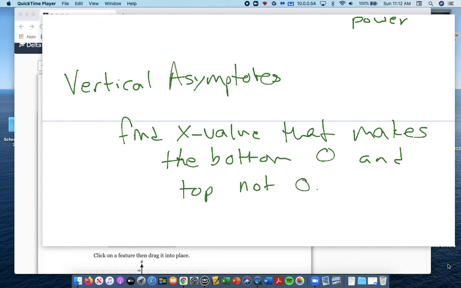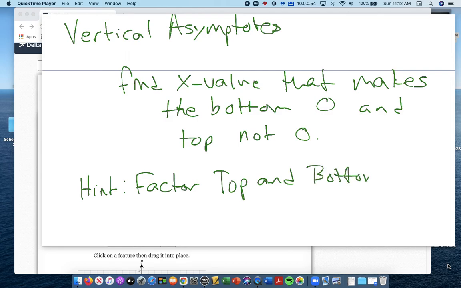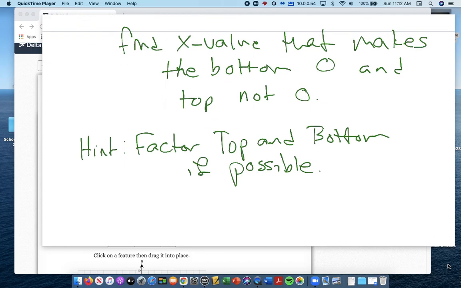So oftentimes it's going to be helpful to factor. It's going to be really helpful to factor what you're looking at. So a hint is to factor the top and the bottom if possible. Then once you do that, we can figure out what x value is going to generate a 0 on the bottom.